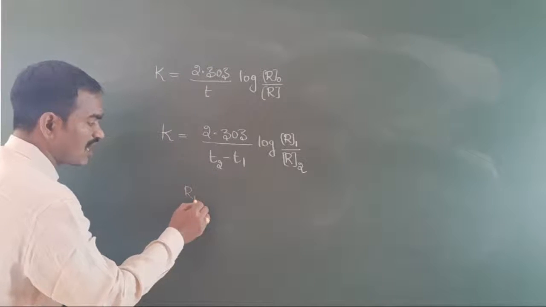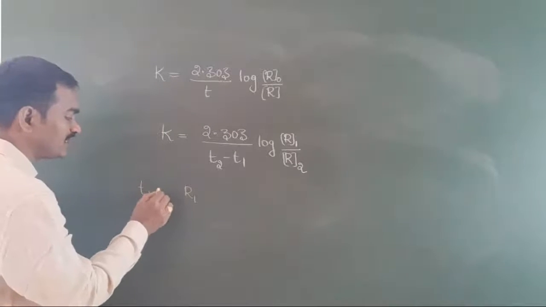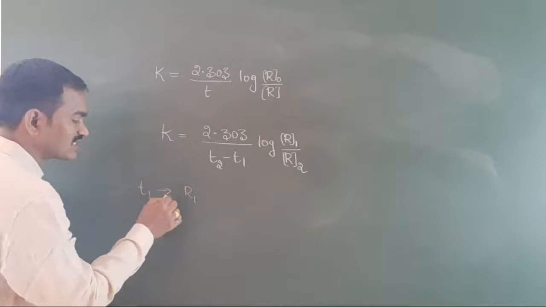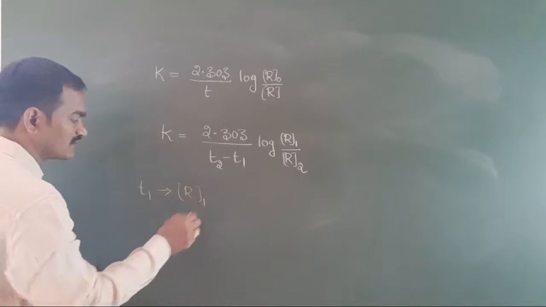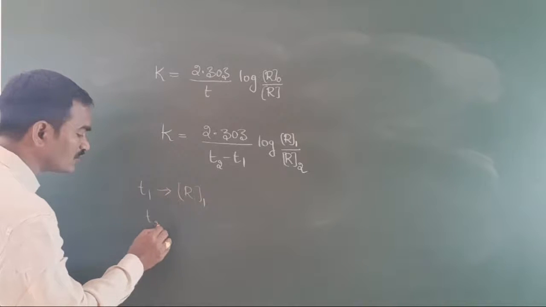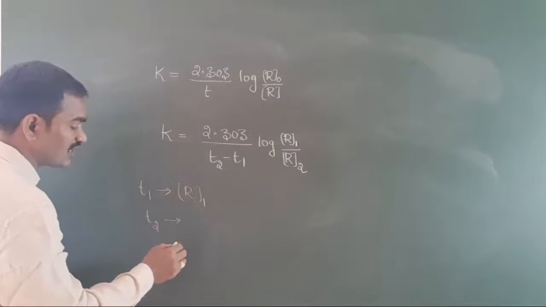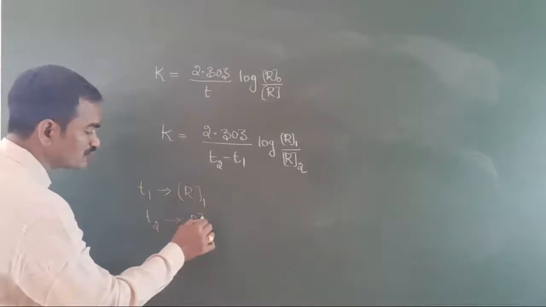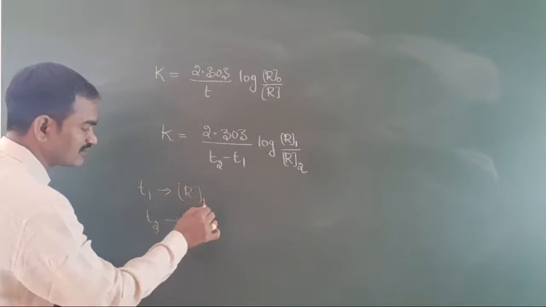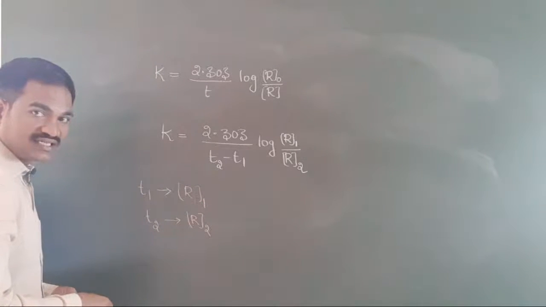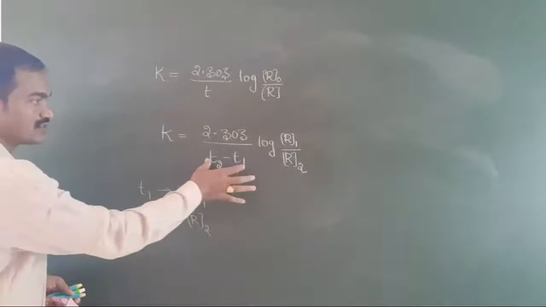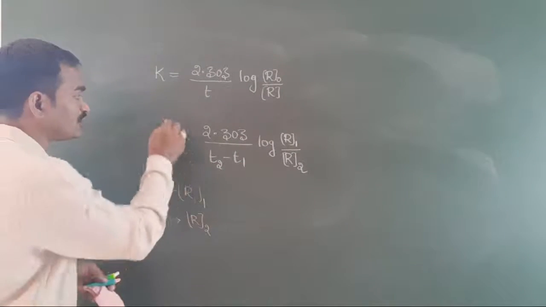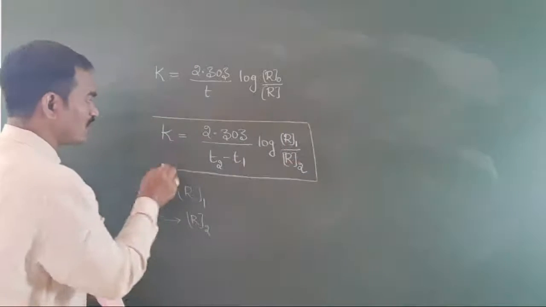Concentration R1 at T1 time, concentration of reactants R1. So at T2 time, concentration of reactants R2. You can take like this, R2. Have you got it? Is it clear? So these are two intervals. This formula we use while solving the problems.